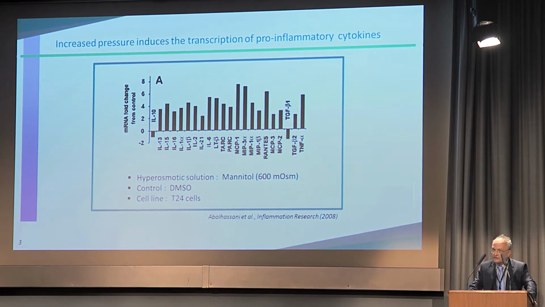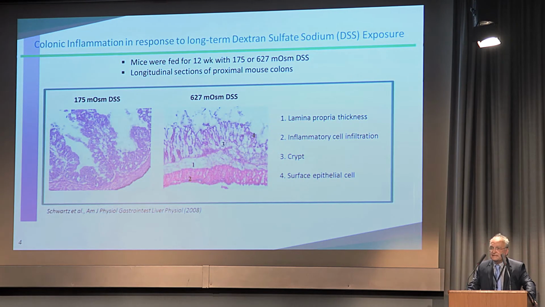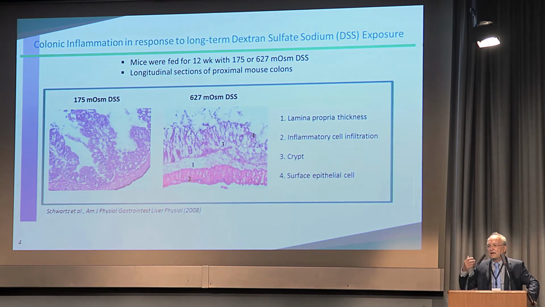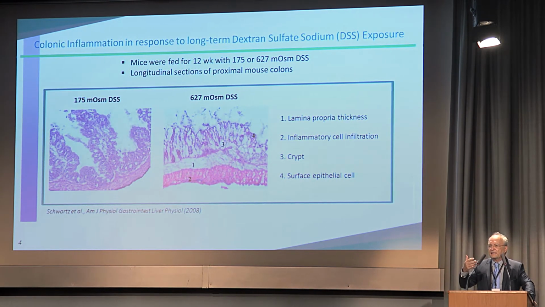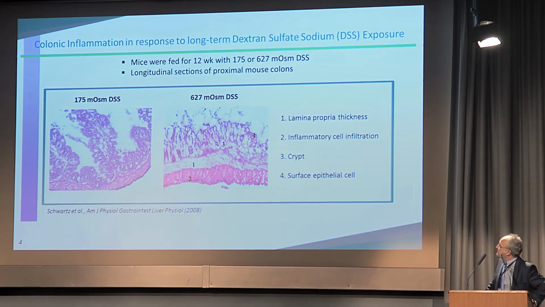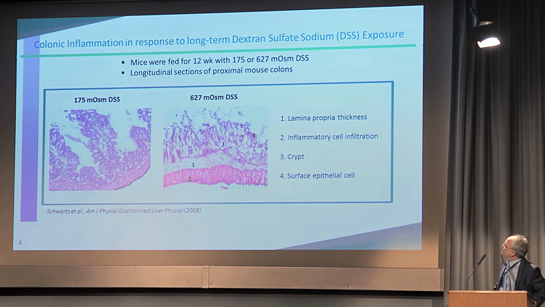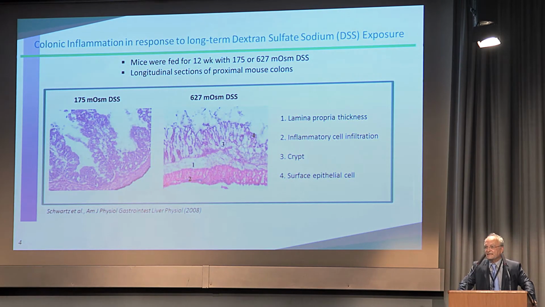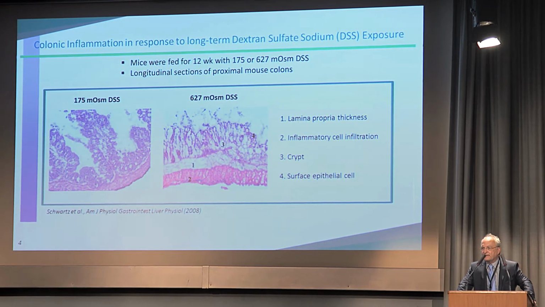And the third point, which is the proof: you take a disease caused by an inflammatory substance, DSS, which is dextran sulfate sodium. If the poor mice drink that, they will get inflammation of the gut.